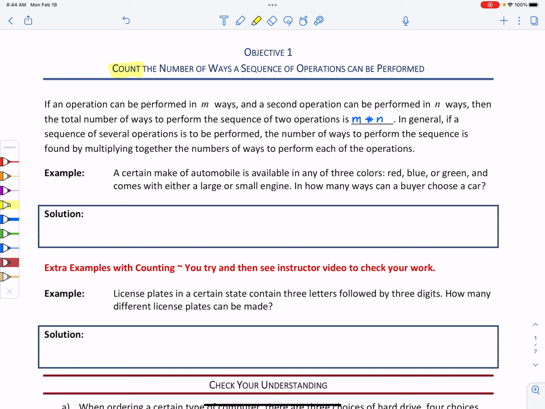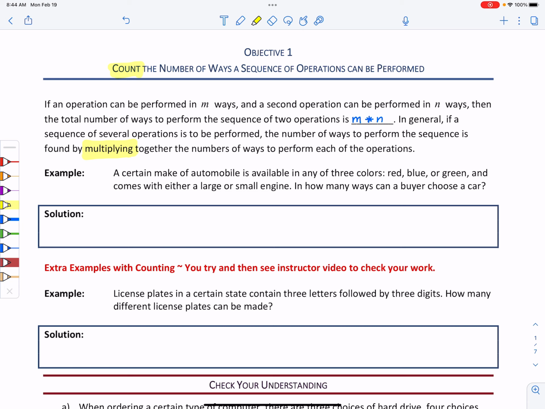When you want to look at the number of outcomes, you can take each operation individually, count the number of outcomes for just that one operation, and then multiply to get the total.